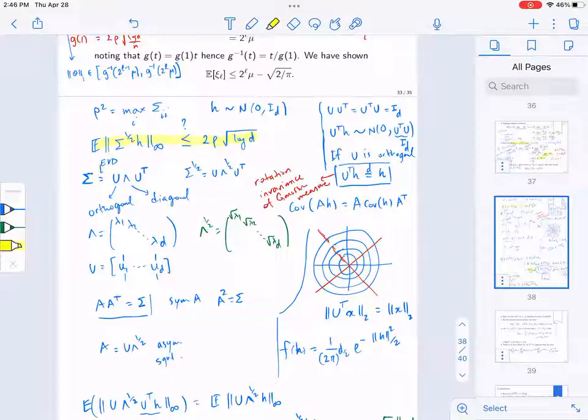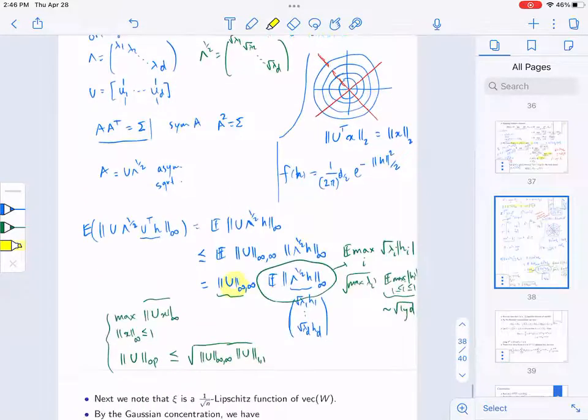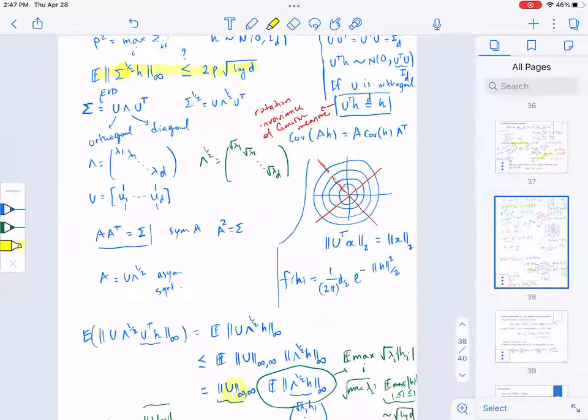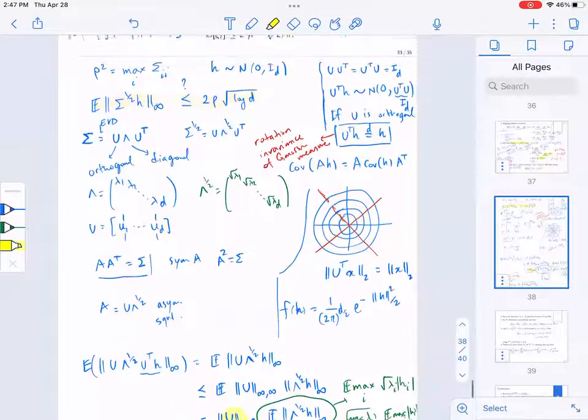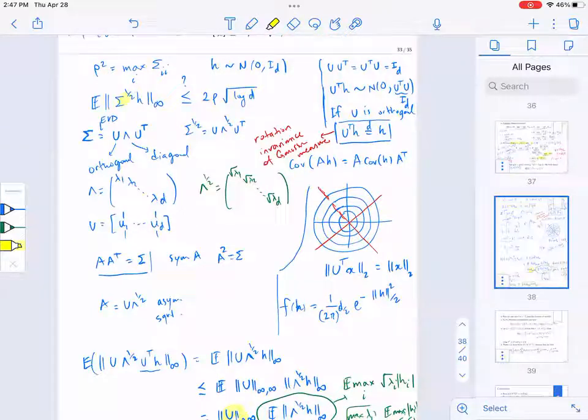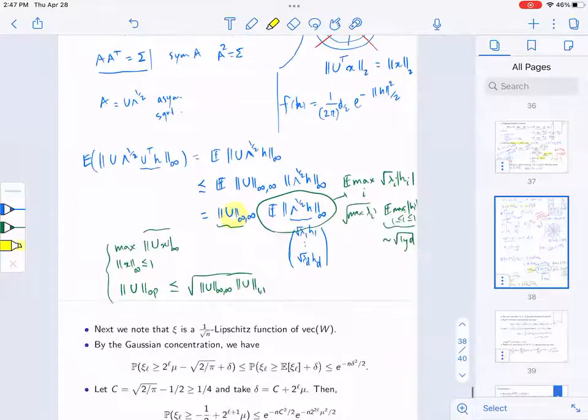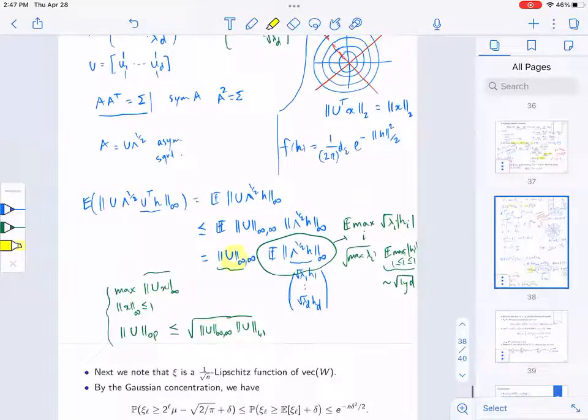It's trickier, it seems. But this you remember: the expectation of the maximum is root log D, so that's the essential idea. If this was diagonal, you can immediately get this. Then this would be the square of the diagonal, so there's some sort of square here. We're missing a square as well.